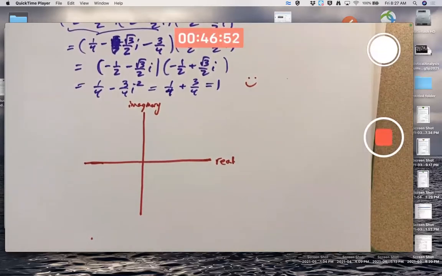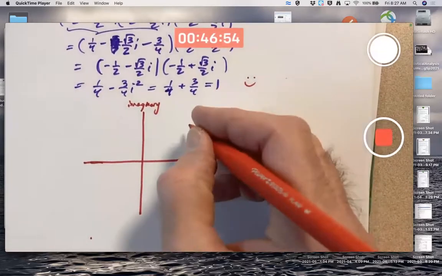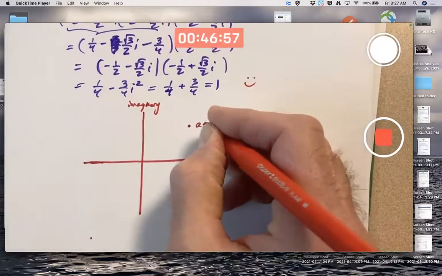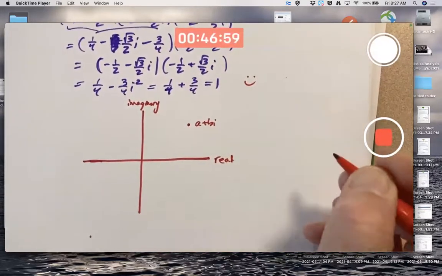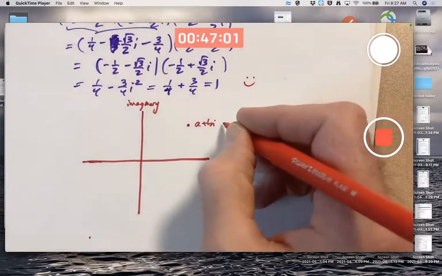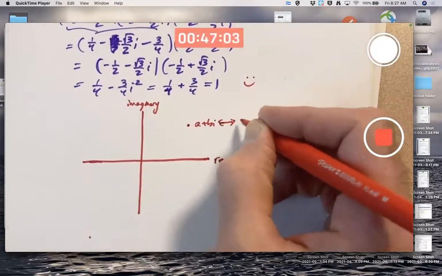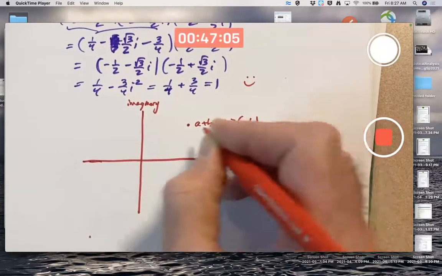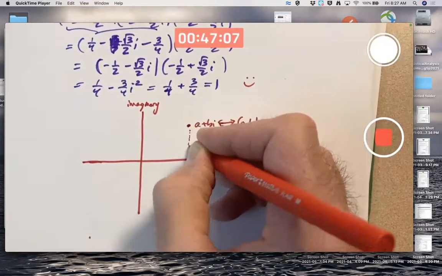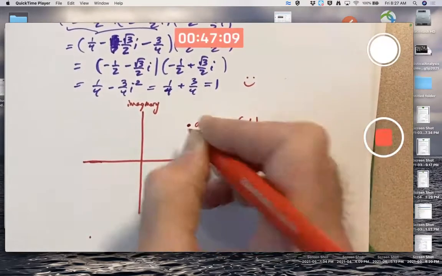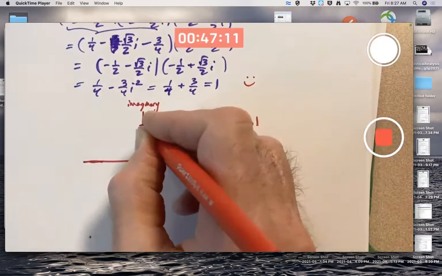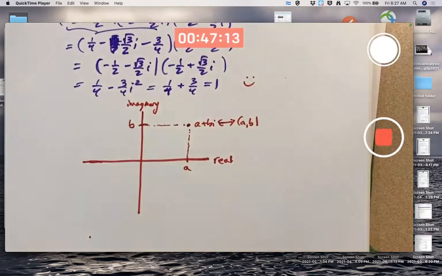Any complex number a plus bi is naturally associated with a point in the complex plane with coordinates a comma b. A is called the real part and b is called the imaginary part, but even though we call b the imaginary part, it is a real number. A and b are both real numbers.